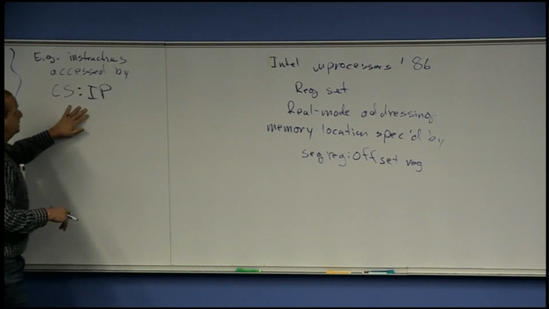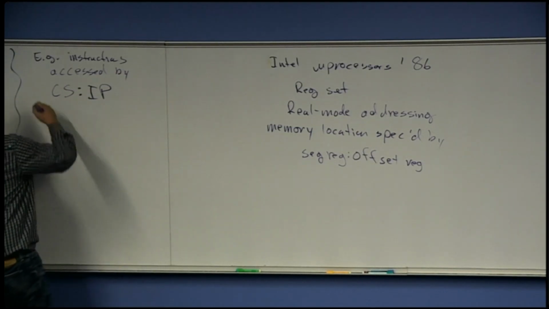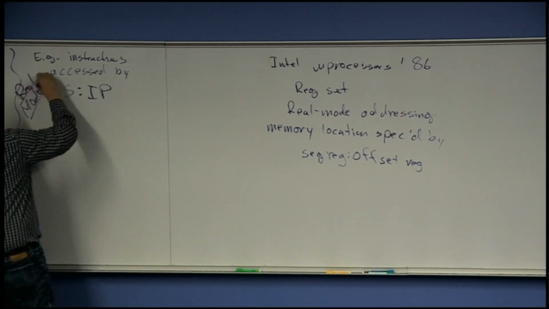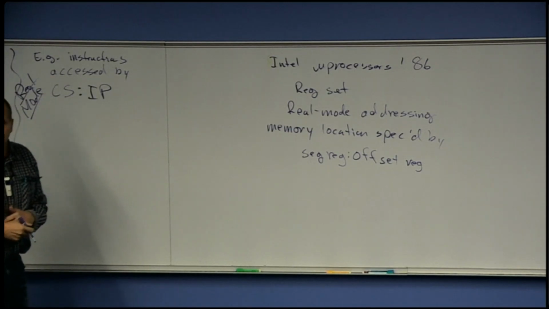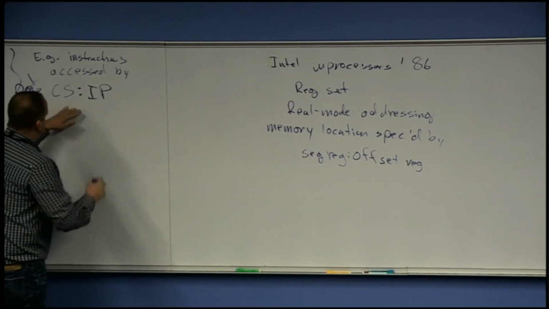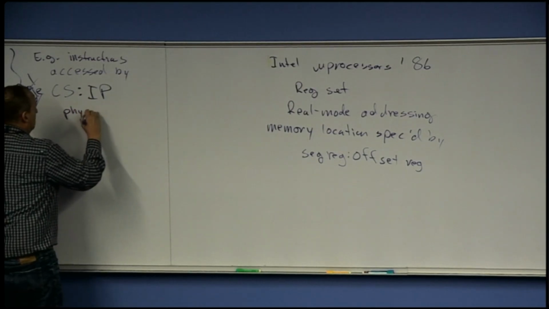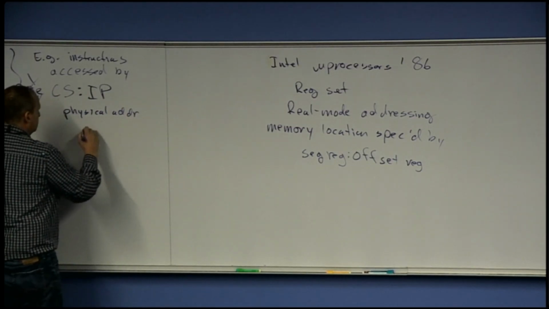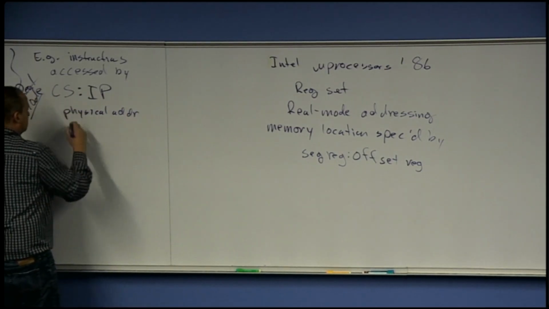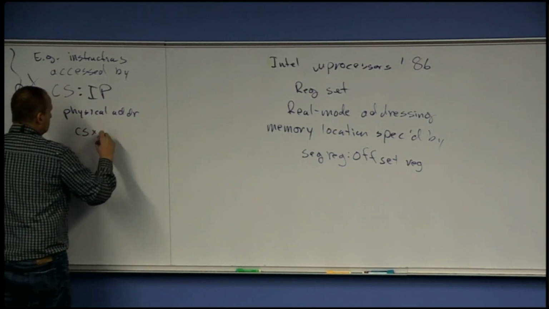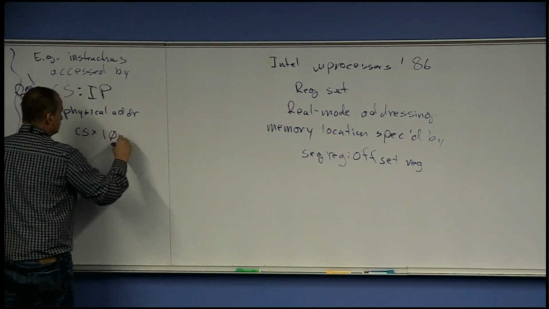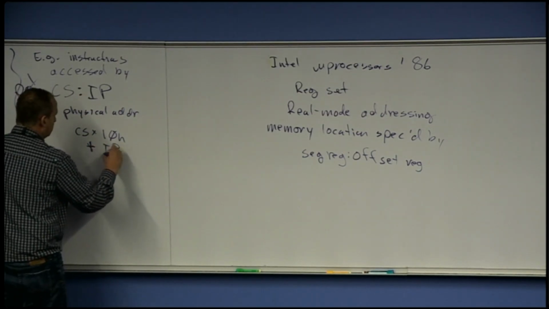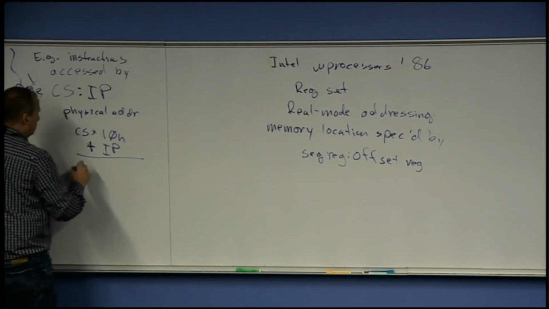So the physical address in real mode, and this is all real mode, guys, this is how the original 8086 processors worked, was specified by the code segment times 10 hex plus the contents of the instruction pointer.